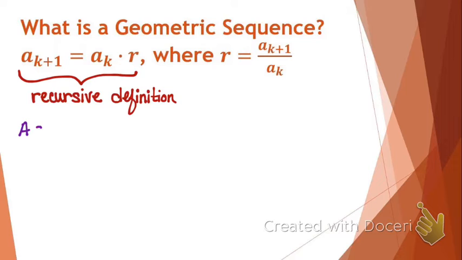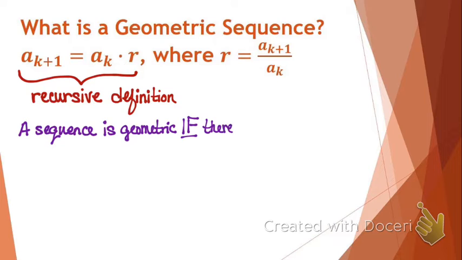So a sequence is geometric if there is a value r and r cannot be 0.